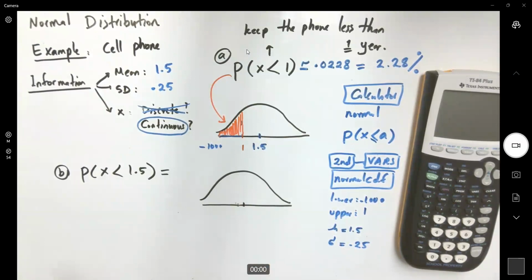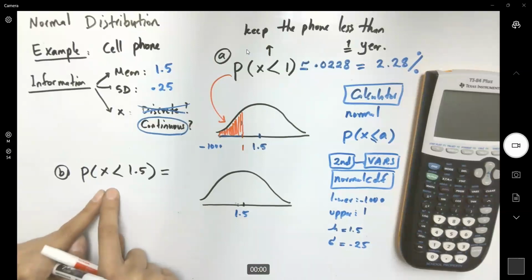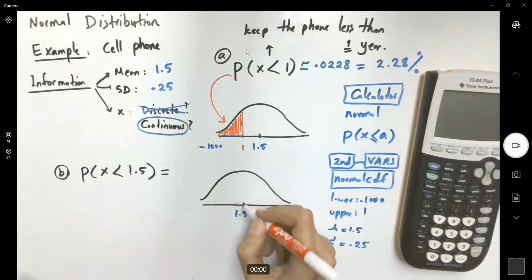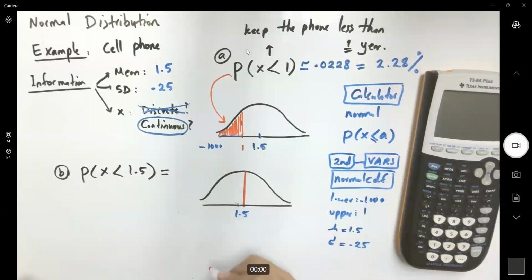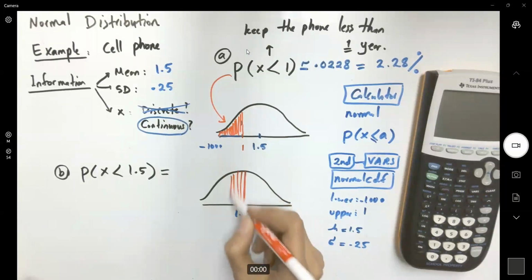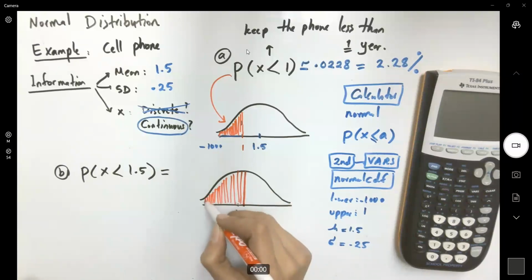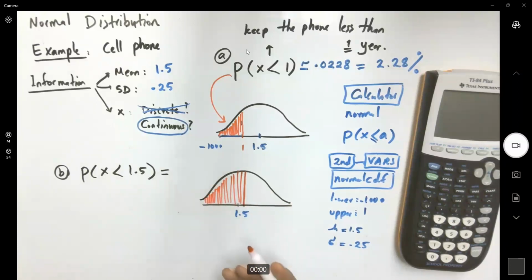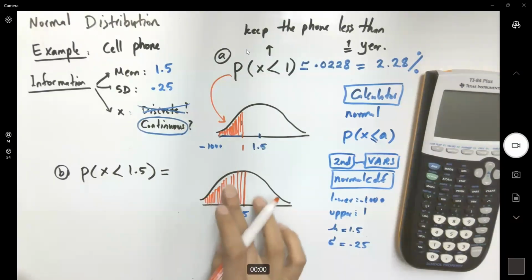This is 1.5 years in the middle. It says, what is the probability that you randomly select a person and that person keeps the cell phone for less than 1.5 years? It means you're looking for the area on the left-hand side. What's the total area? The total area is just 100%. Half of it is 50%.